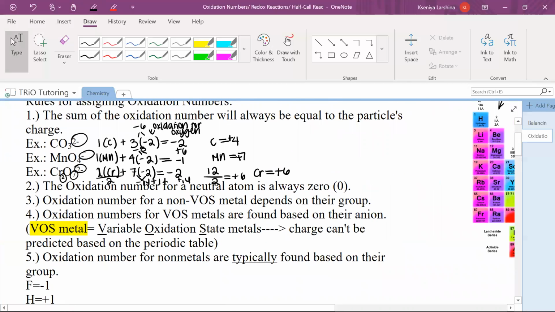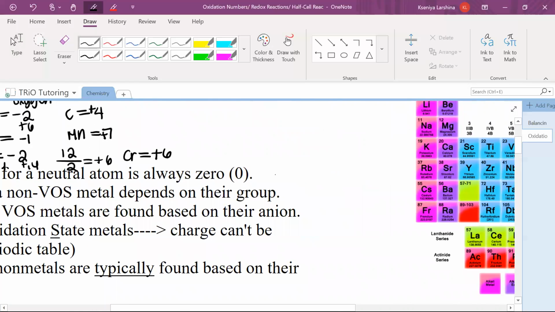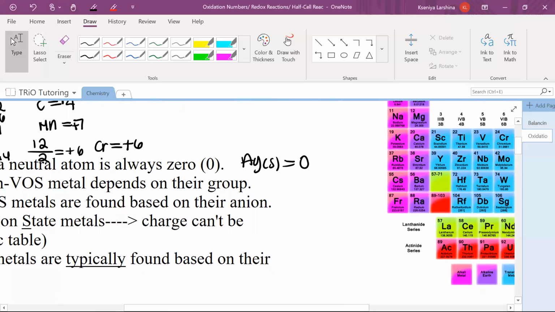The second rule for oxidation numbers is that neutral atoms are always 0. So if we have, let's say, silver that's solid, its oxidation number will always be 0, unless it clearly states that it's 2+, then its oxidation number would be 2+.